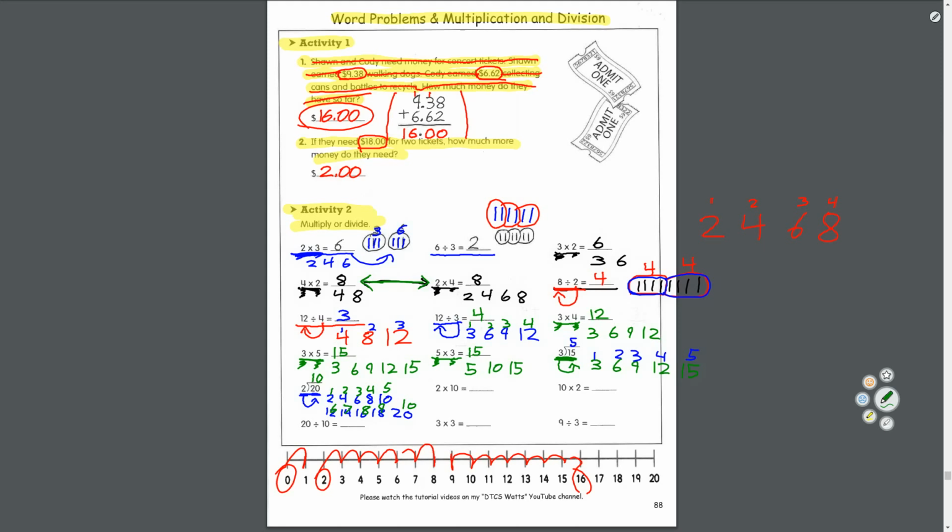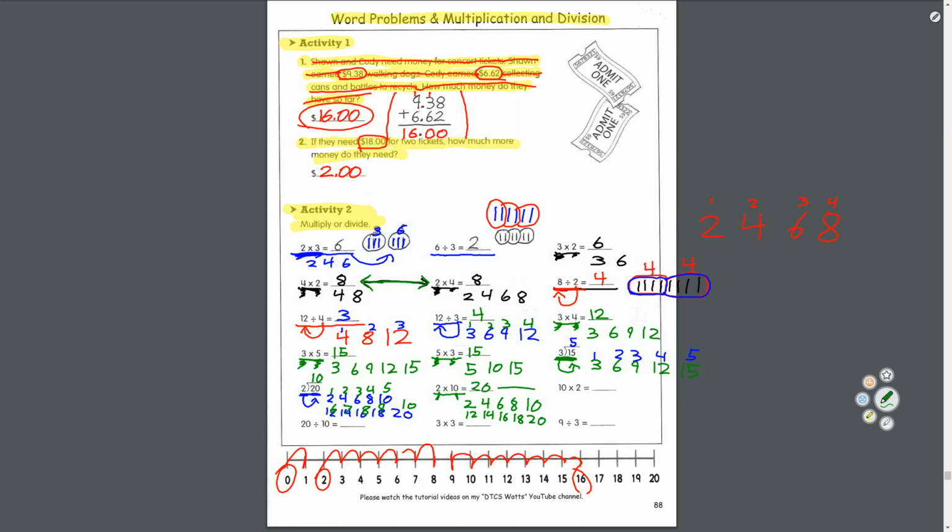Let's finish this row and then you'll try the bottom row by yourself. Okay? So 2 times 10. I'm going to skip count by 2, 10 times. 2. That's what we just did over here. Skip count by 2, 10 times. 2, 4, 6, 8, 10. That's 5. 12, 14, 16, 18, 20. That's 10. So 2 times 10 equals 20.